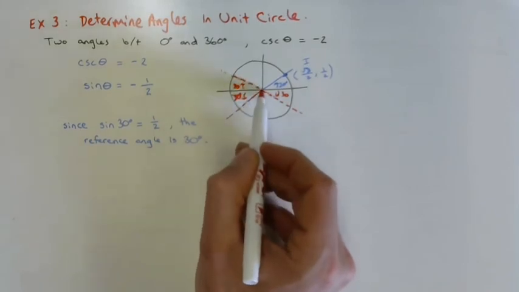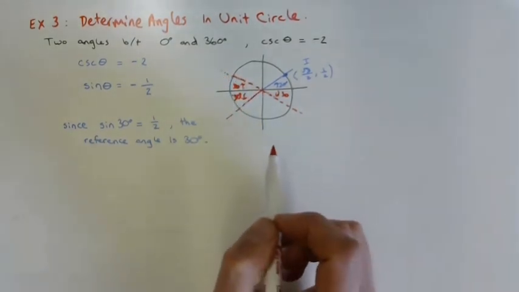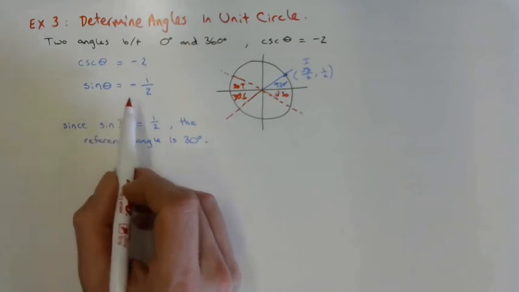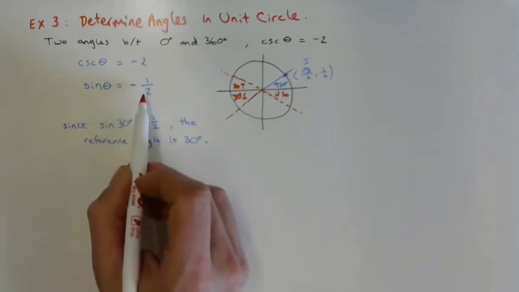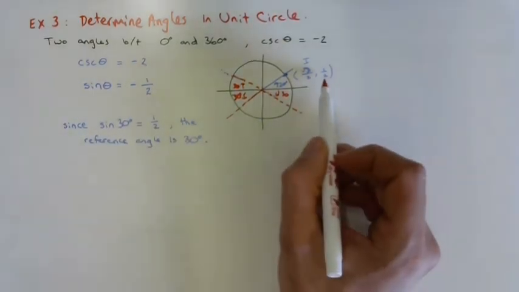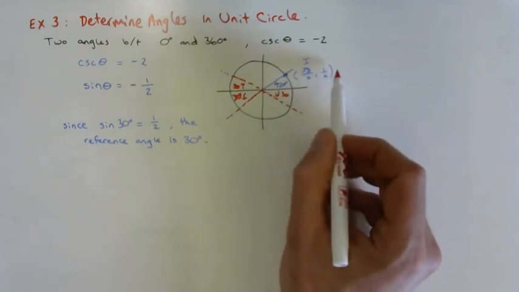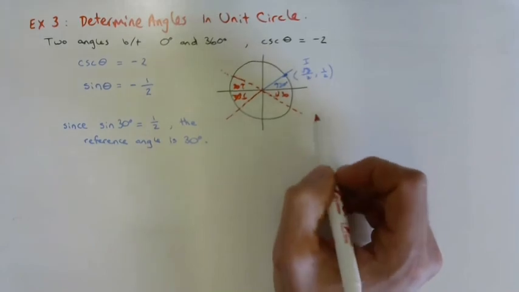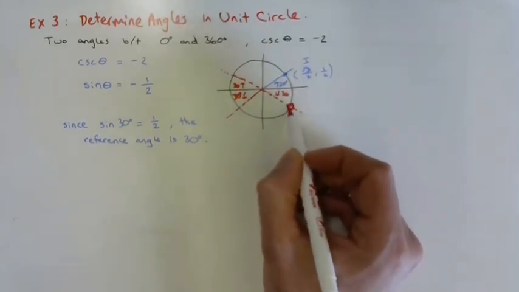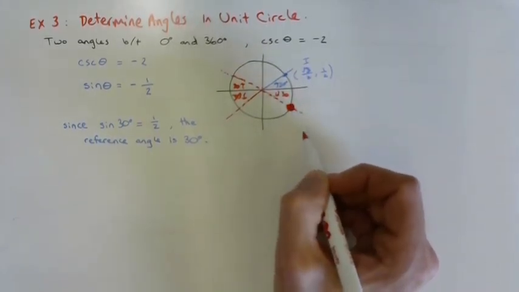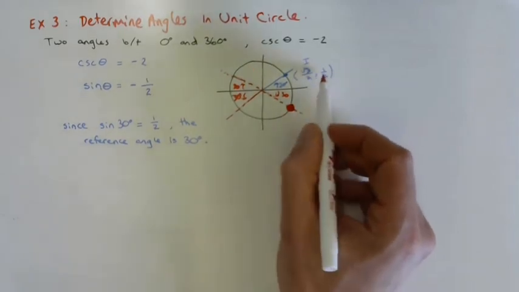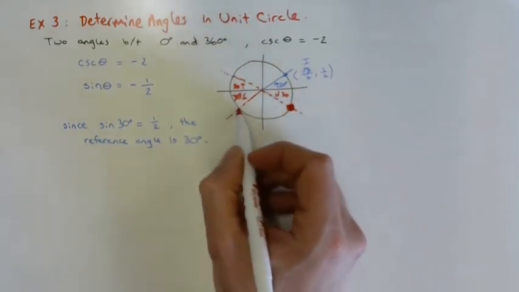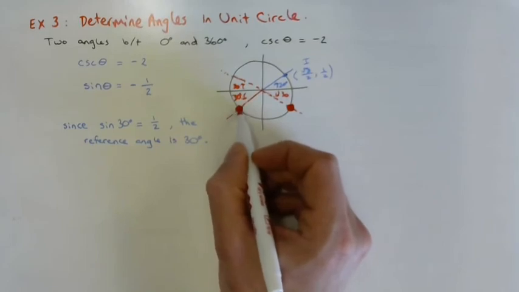I'm looking for the place where sine is -1/2. My sine value in quadrant 1 is +1/2. It's my y coordinate. So all I need to do is flip these vertically. I'm actually looking for this one right here. This point will give me a y coordinate of -1/2.